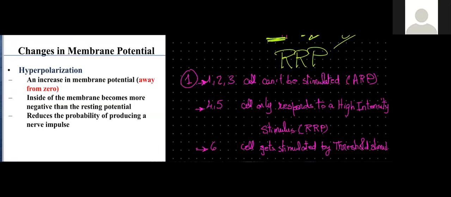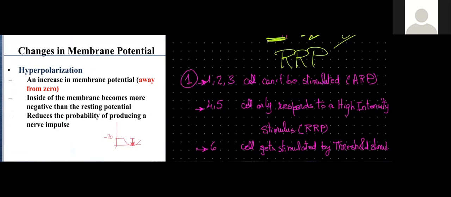Compared to a hyperpolarization, you are starting again from -70 millivolts. This is your resting membrane potential. But rather than opening sodium, you did open potassium. So what's going to happen? Potassium is going to be moving outside of the cell, and the membrane will become more negatively charged on the inside.